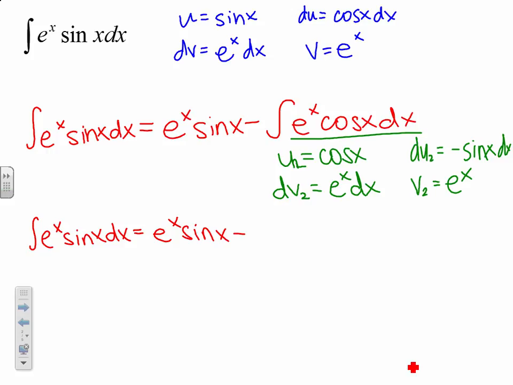So we are subtracting the quantity for integration by parts for this integral: uv, e to the x cosine of x, minus the integral of v du. E to the x times negative sine of x.